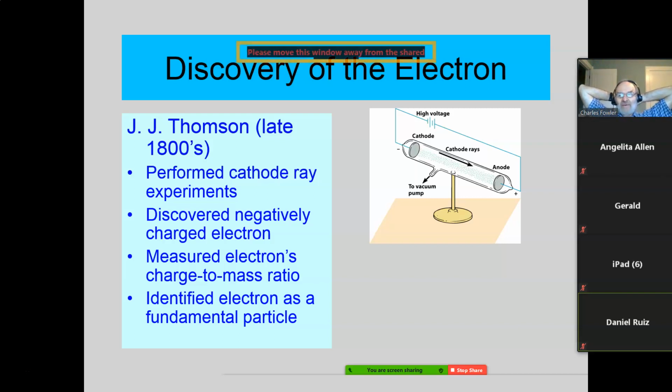Now, again, it was so incredibly tiny that there's no way he could measure the mass. He knew it had a charge, and here's the interesting, well, they haven't gotten there yet. We'll get to that interesting part later. He knew it had a fixed charge, and every one of those electrons had the same charge.